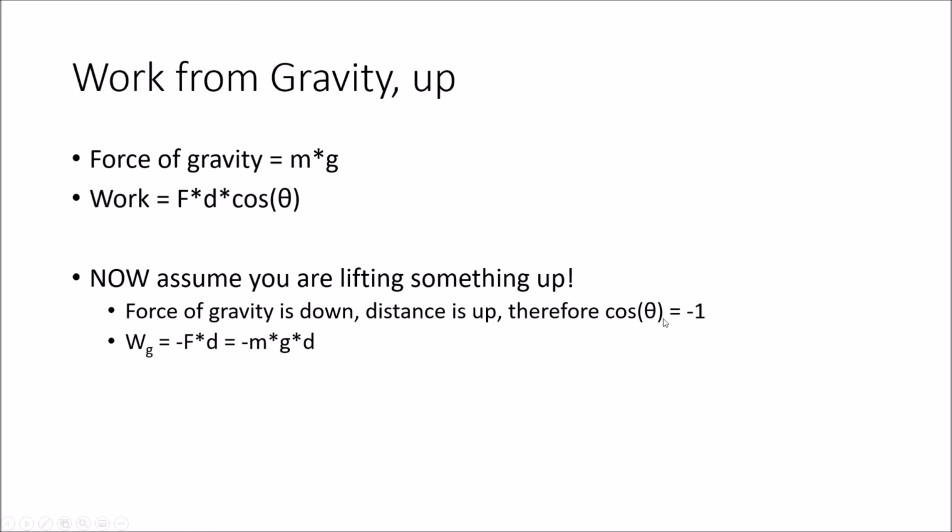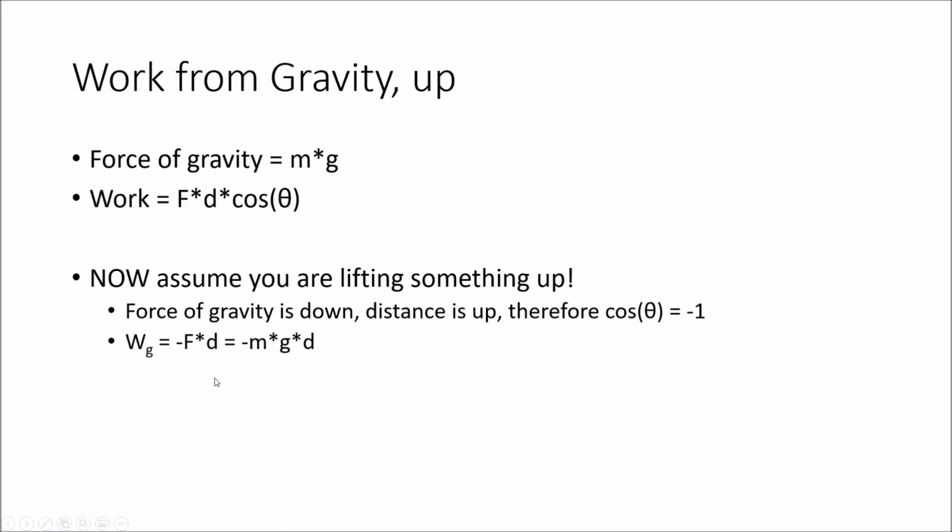Therefore, the cosine of theta, because you've got gravity down, distance up, the angle between down and up is 180 degrees. Cosine of 180 is -1. So you see that if you are lifting something up, gravity is doing negative work on that object.